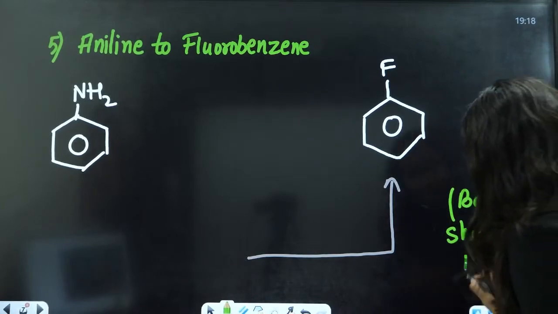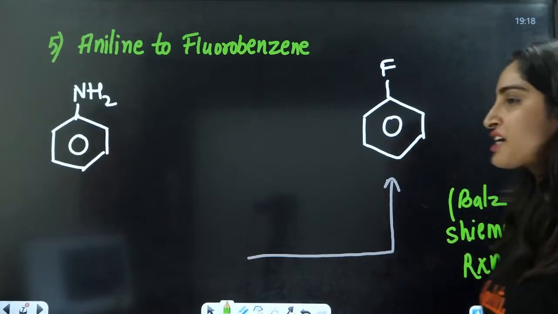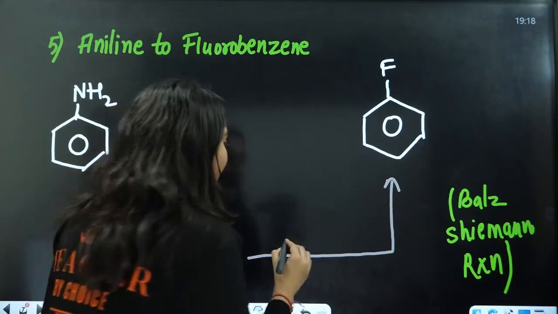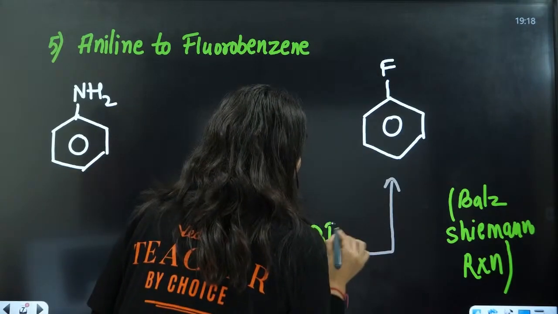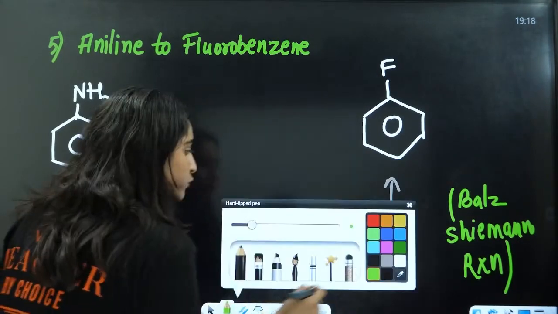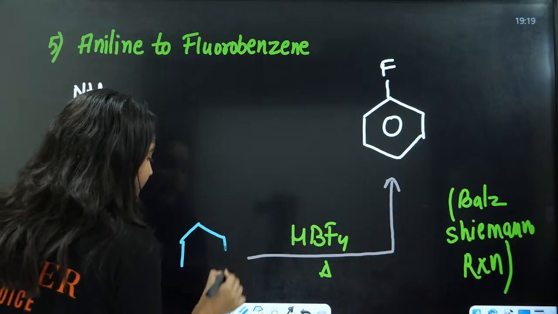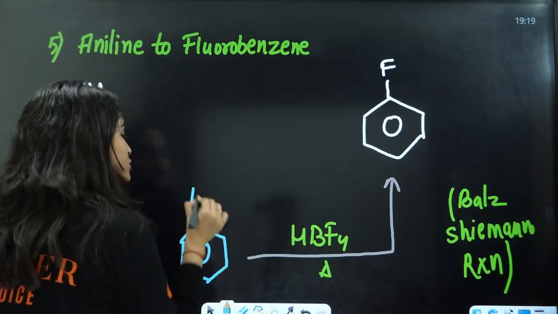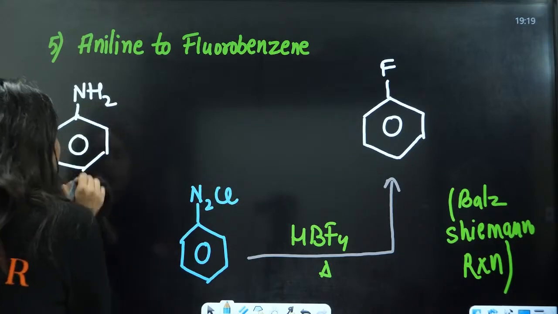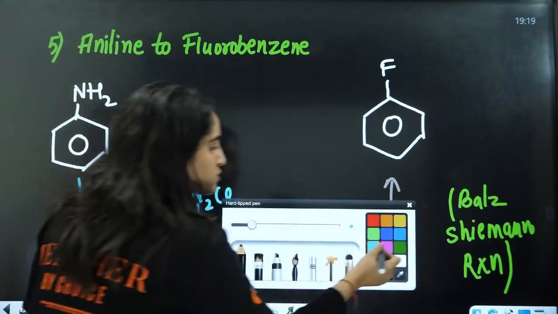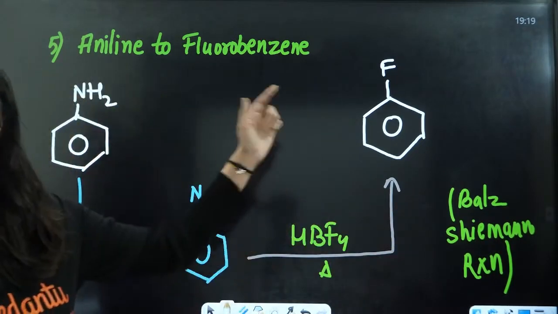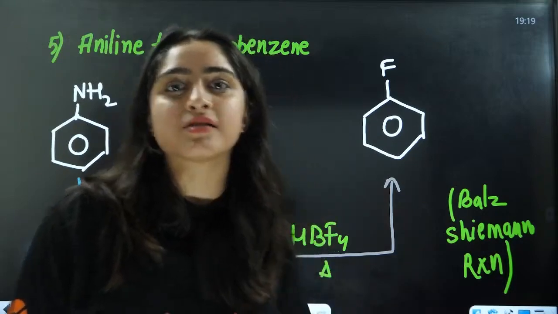In this reaction, what we do is add HBF4 and heat it. And what is the reactant here? The starting product is diazonium salt. And how do we convert aniline to diazonium salt? Always see these processes in reverse.